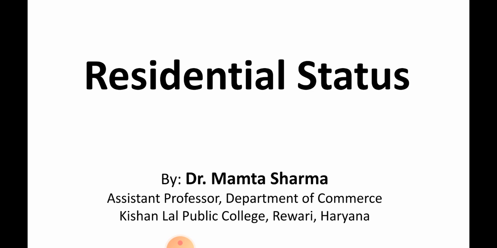Incidence of tax on a taxpayer depends on his residential status and also on place and time of accrual or receipt of such income. So, without wasting much more time, let us start our today's topic.